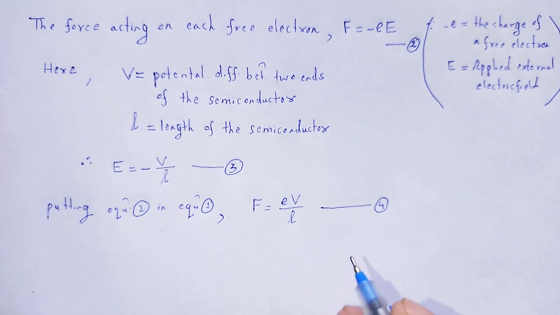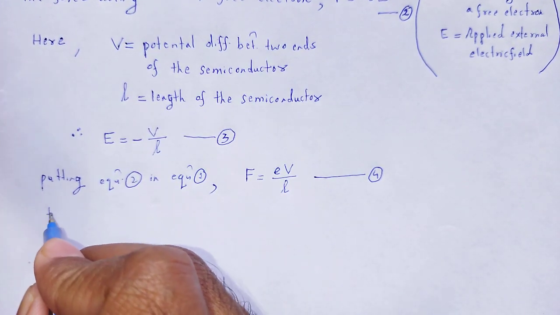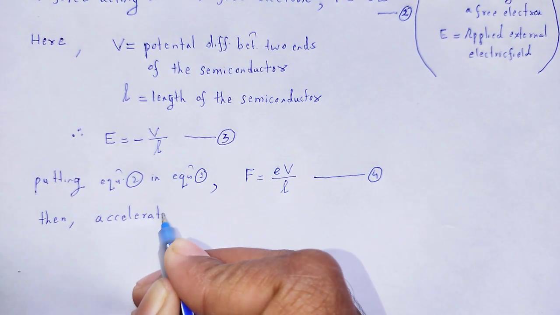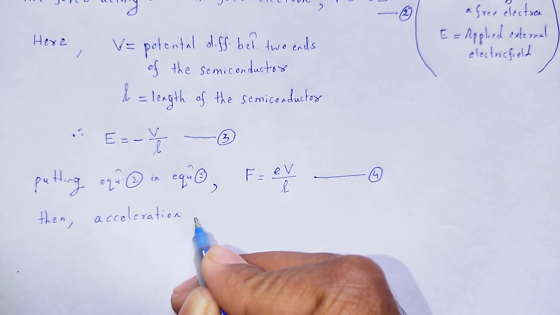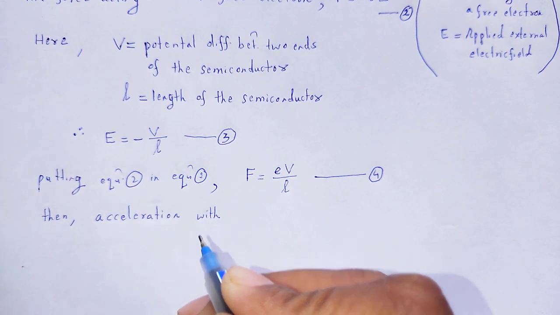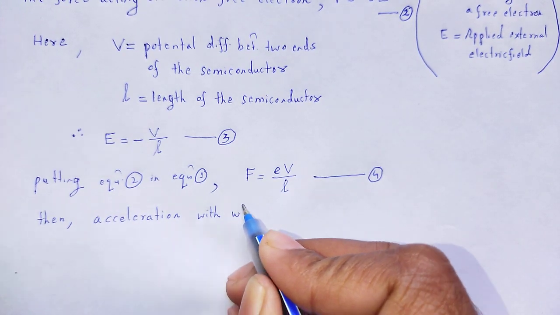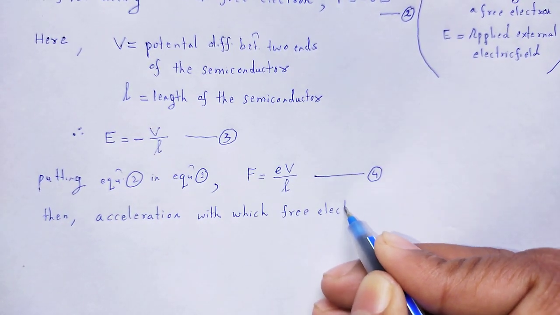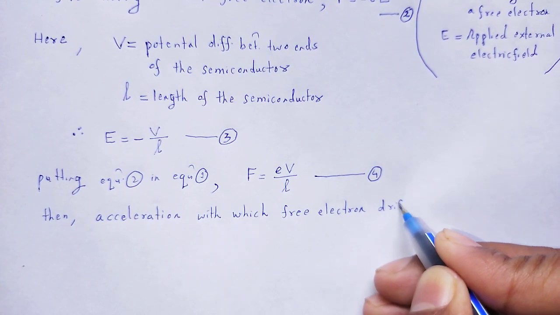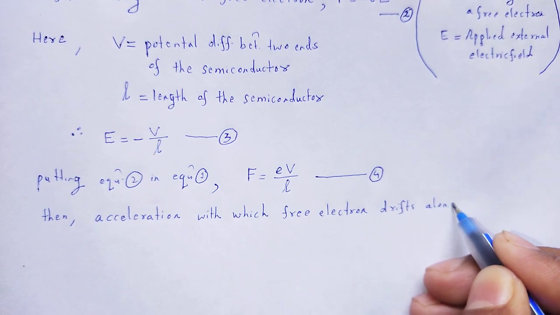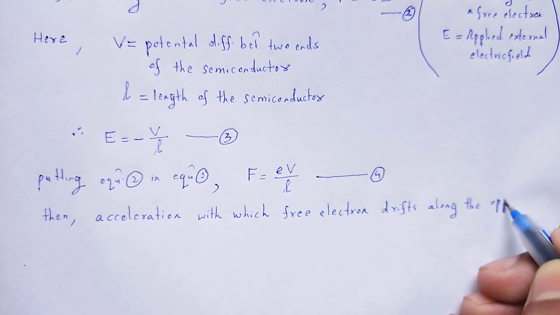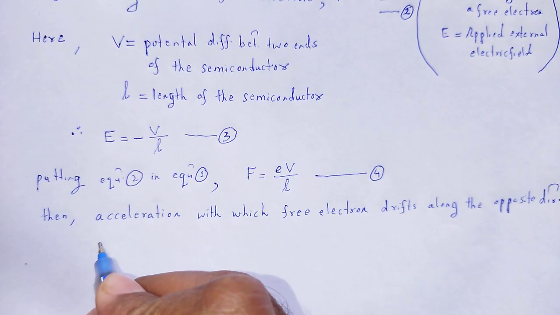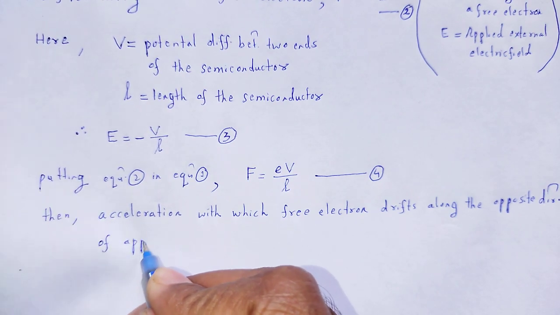That will be the force, then the acceleration with which the free electrons drift along the opposite direction of the applied electric field.